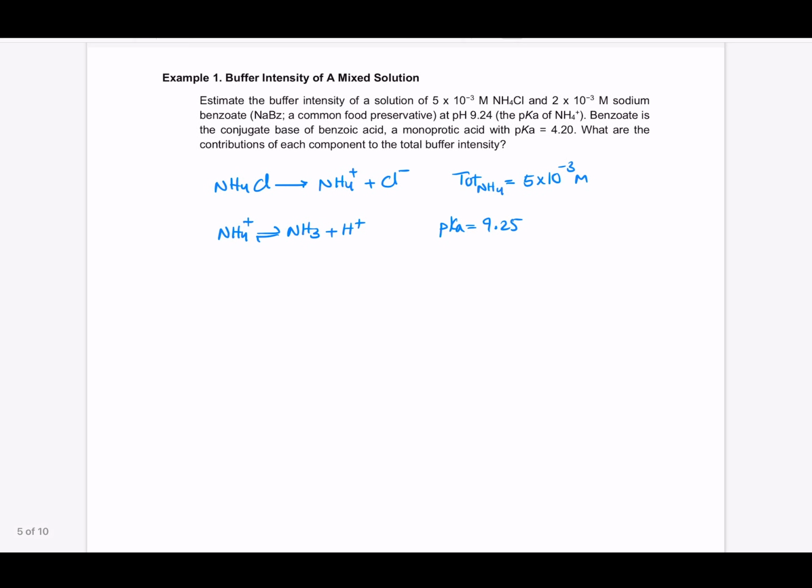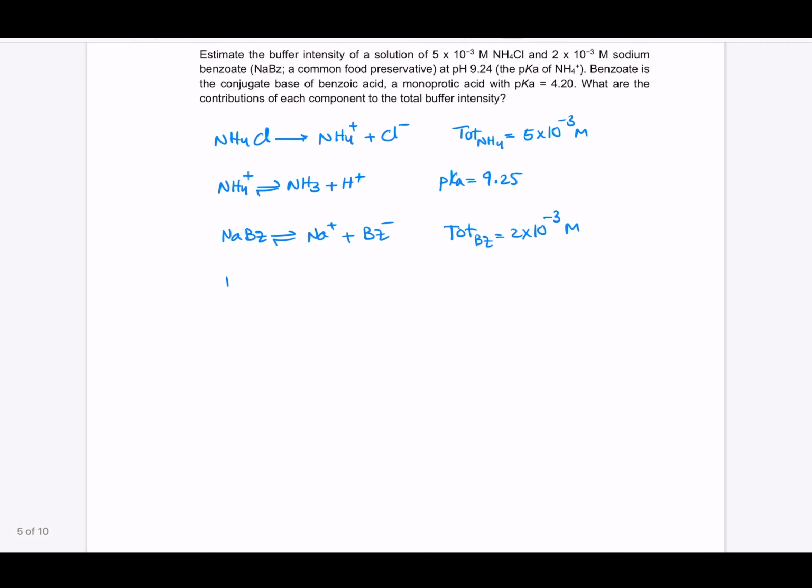The pKa of this one is 9.25. So that's for the first system. The second system, we have sodium benzoate. It dissociates to sodium plus, let's say, Bz minus. And then the total Bz would be 2 times 10 to the minus 3, as given.